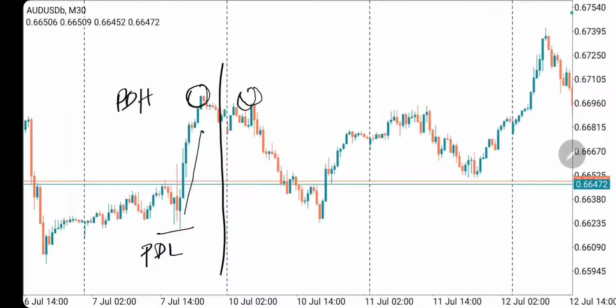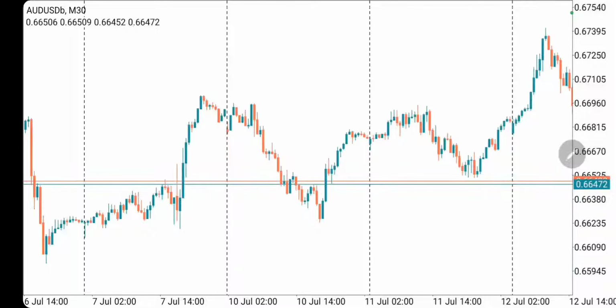We got into the new day, another top was formed, and you can see how the market sold, because there was some sort of double top formed into the new day, taking reference from the previous day. Are you with me now? So you can see that this is a top, this is another top, and this is a period separator. So you trade this strategy in reference to the previous day's high or low.